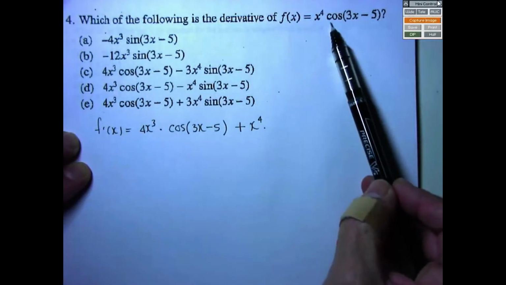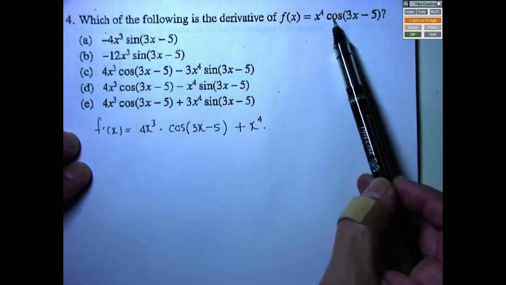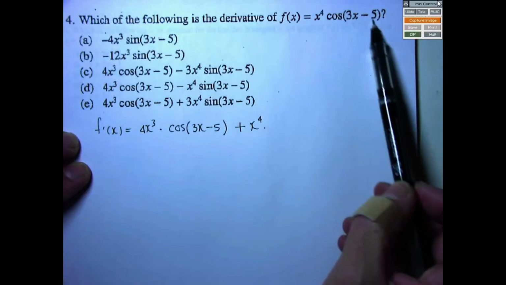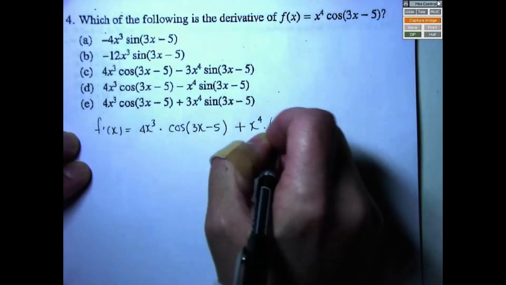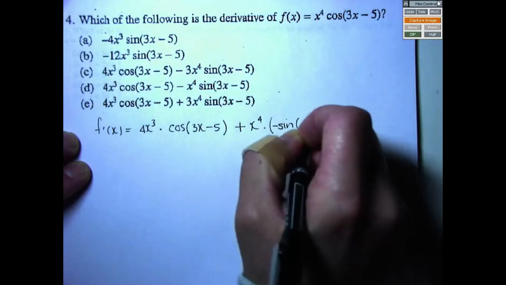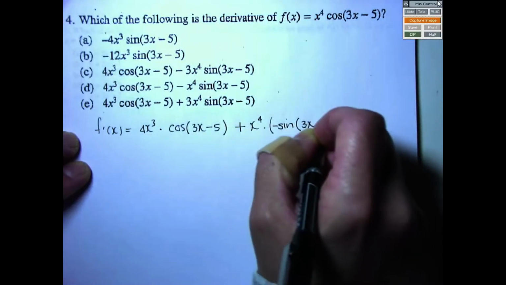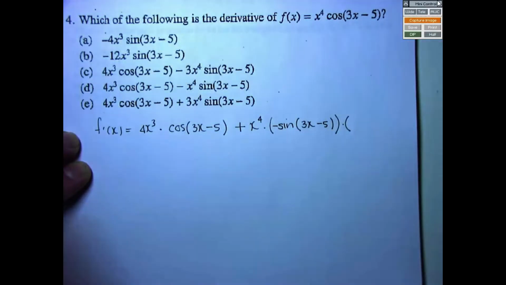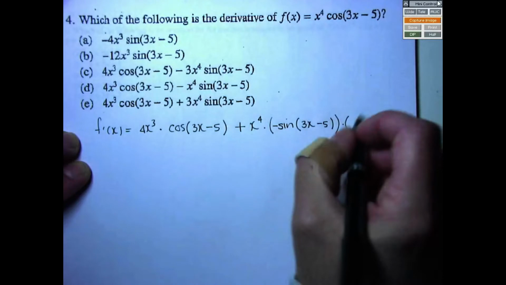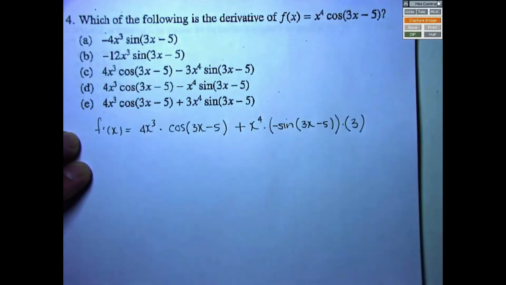All right, so now here's where we're going to use the chain rule. The derivative of cosine of 3x minus 5, derivative of the outside, derivative of cosine is equal to negative sine, leave the inside alone, 3x minus 5, times derivative of the inside. Derivative of 3x minus 5, simply just equal to 3.